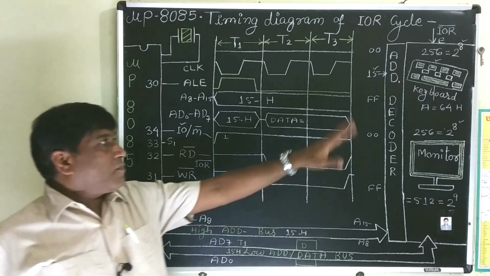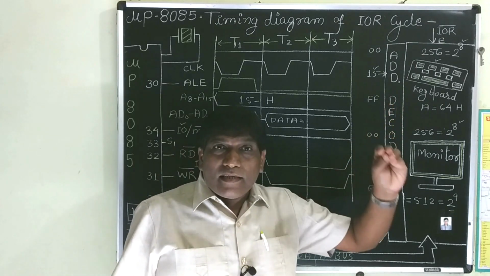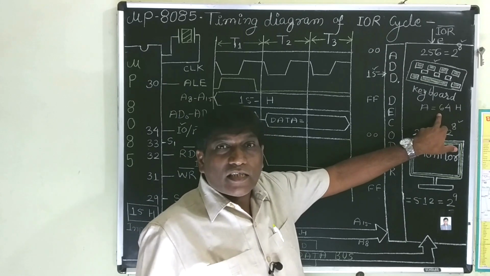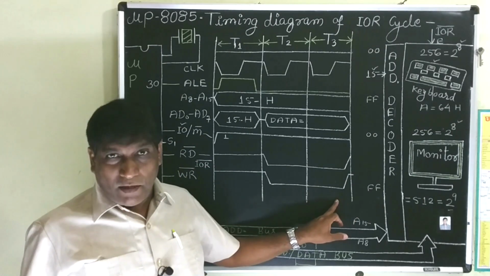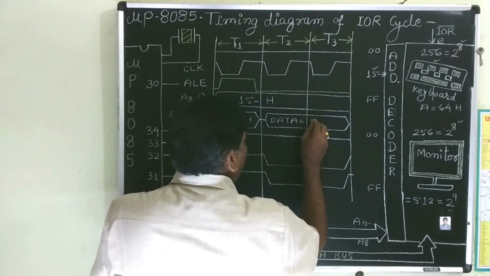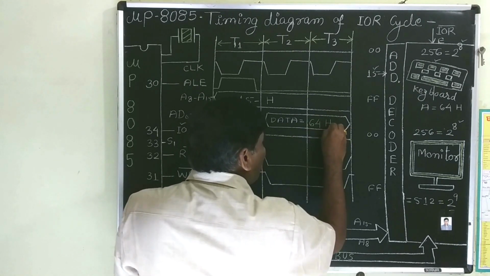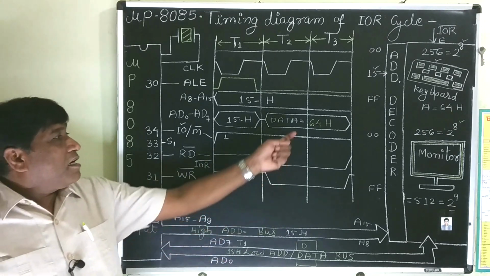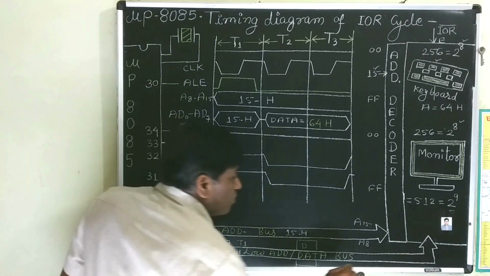Suppose we have pressed a key A, and this data is there in the temporary register, and the processor will fetch this data 64H during T2 and T3 timing. So suppose one key is pressed, the data here is 64H, which is equivalent to a key on the keyboard, and it will come inside the microprocessor through the data bus.